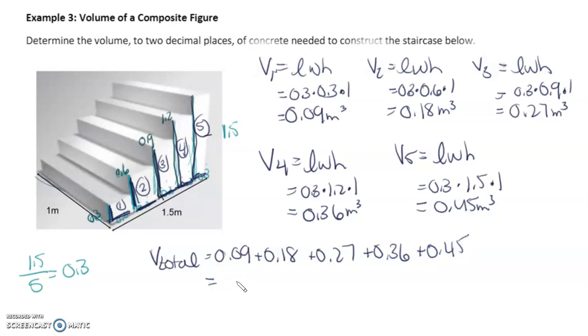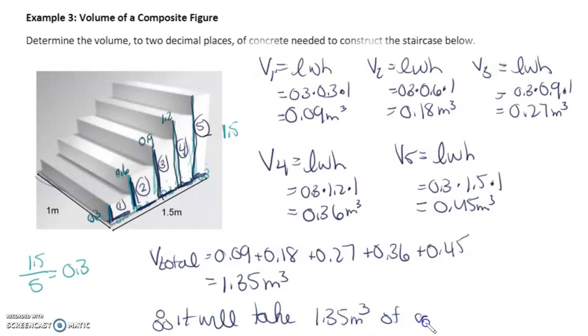Okay, and you can go ahead and put that in your calculator. And we get 1.35. So 1.35 meters cubed. So therefore, it will take 1.35 meters cubed of concrete for the stairs.